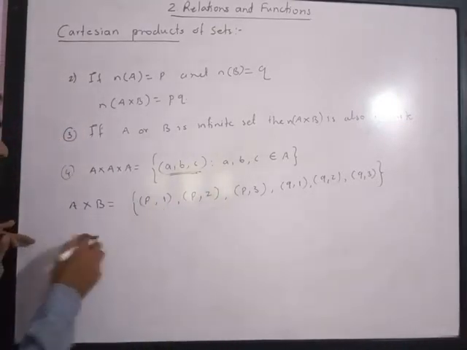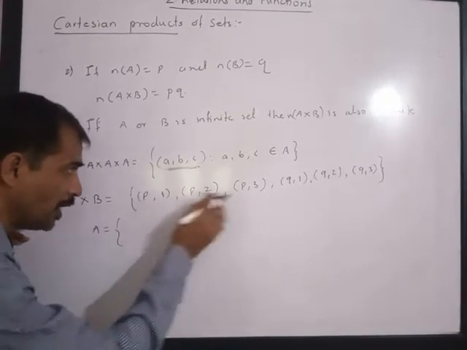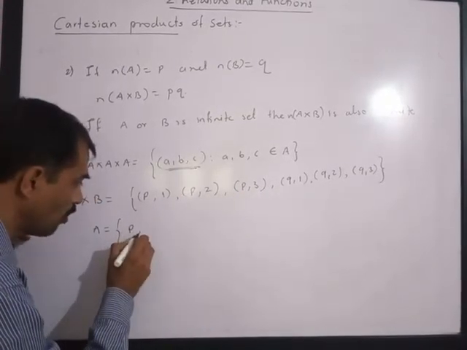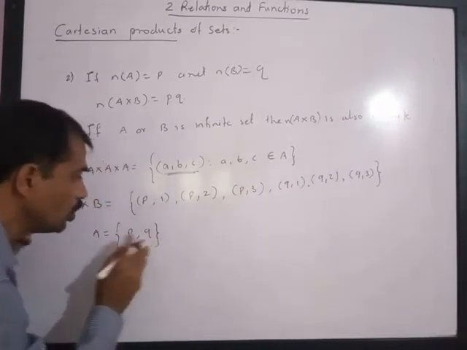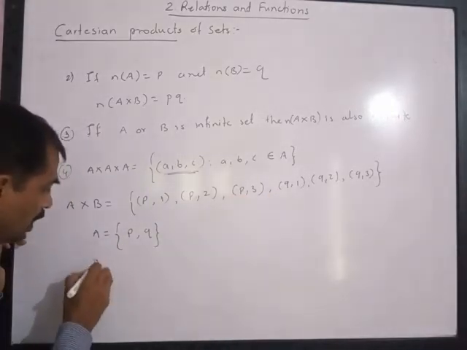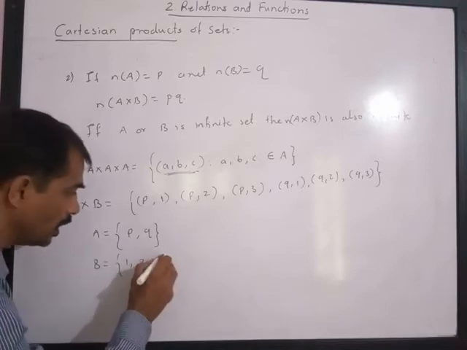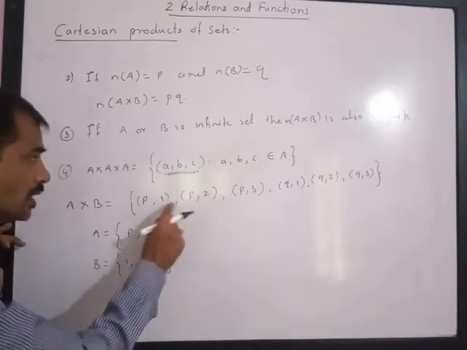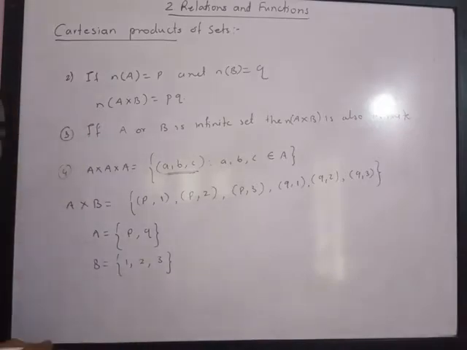So here A must be the set of the first elements, so it is the set of p, then q. Only 2 elements are there in set A, and B is a set of 1, 2 and 3, since second element always belongs to the second set.